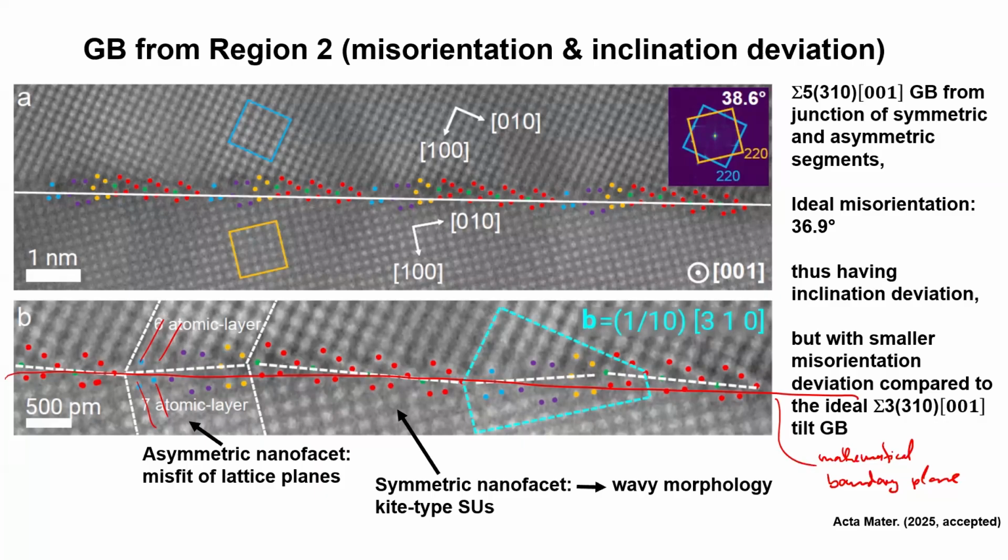These defects here, like a new structural unit, especially in these cases where you have a different number of atomic layers coming together at the boundary plane, can be called a secondary grain boundary dislocation. It's a dislocation because, like a typical edge dislocation, it connects a region where different numbers of lattice planes come together, right? There is a half plane inserted, but this is now a half plane of the grain boundary structure.